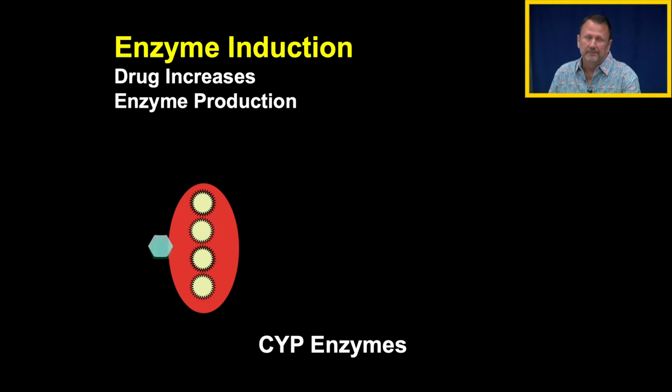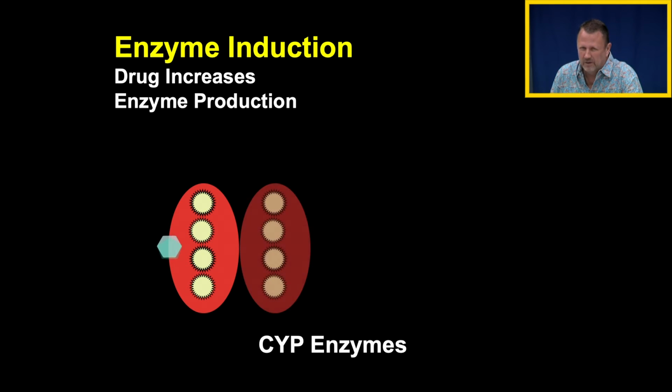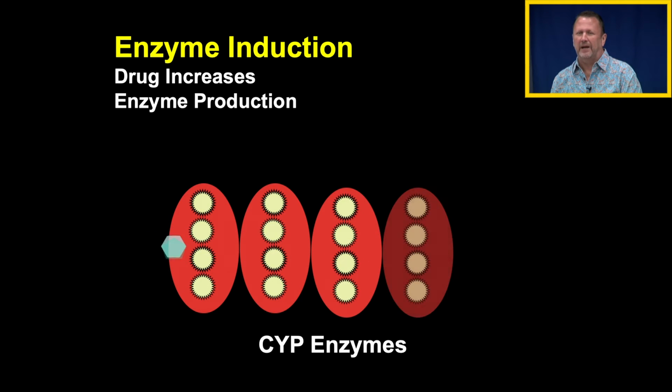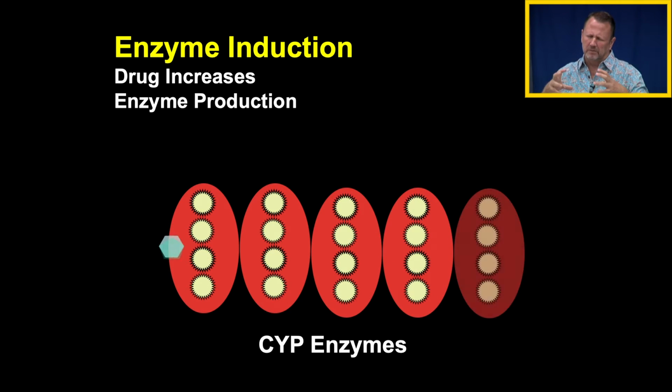There's my cartoon. All right, so here, the more we're exposed to this medication, the more it causes the CYP enzymes to expand, or to make more enzymes and have more action. All right, well, if a drug is turning up the volume on the garbage disposal, what's going to happen to the activity of that drug?